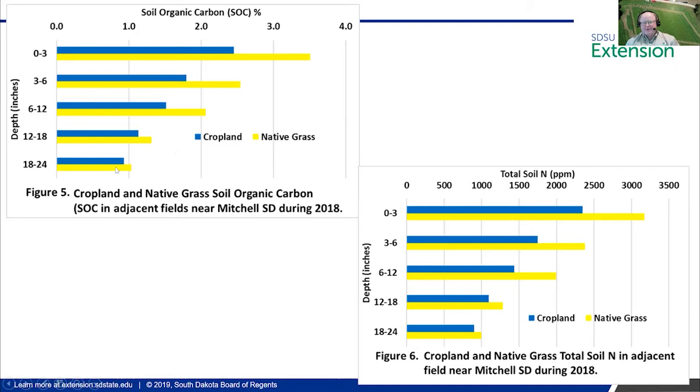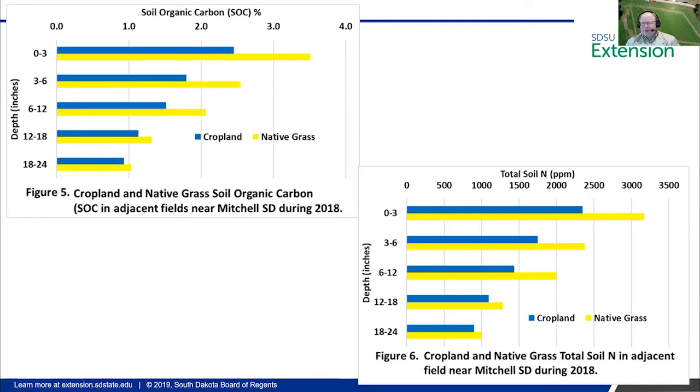Same story as the organic matter, because carbon, the soil organic carbon, is a part or a fraction of the organic matter. So they would be related really closely. And then total nitrogen in the soil is related very well to the carbon content. For every 1% soil organic carbon in the soil, you see here 1%, there's about 1,000 pounds of nitrogen in the soil.